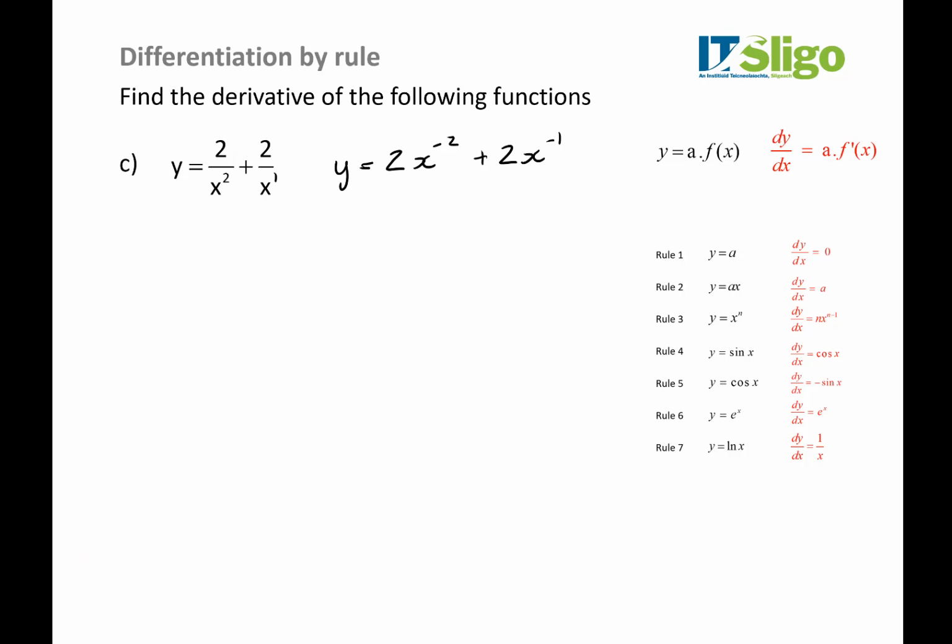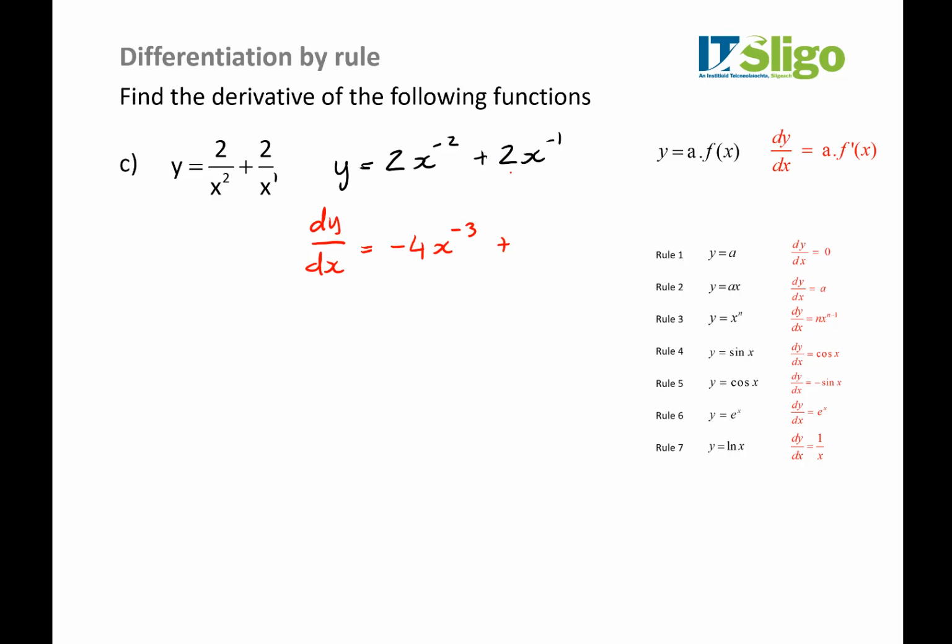And now I can differentiate dy/dx. So the power comes down, gets multiplied by the constant, so minus 2 by 2 is minus 4. Now add minus 1 to the old power, so this will become minus 3. So that's the first term differentiated. Again, the power comes down.